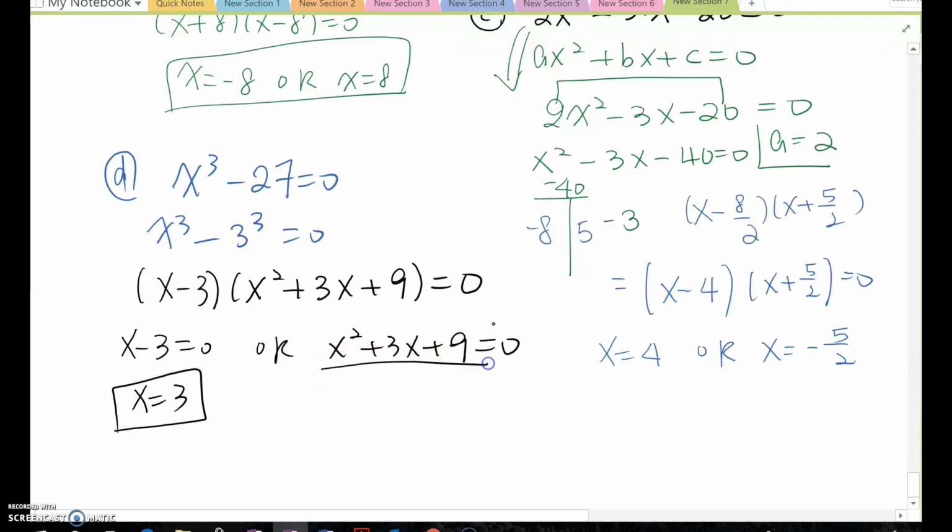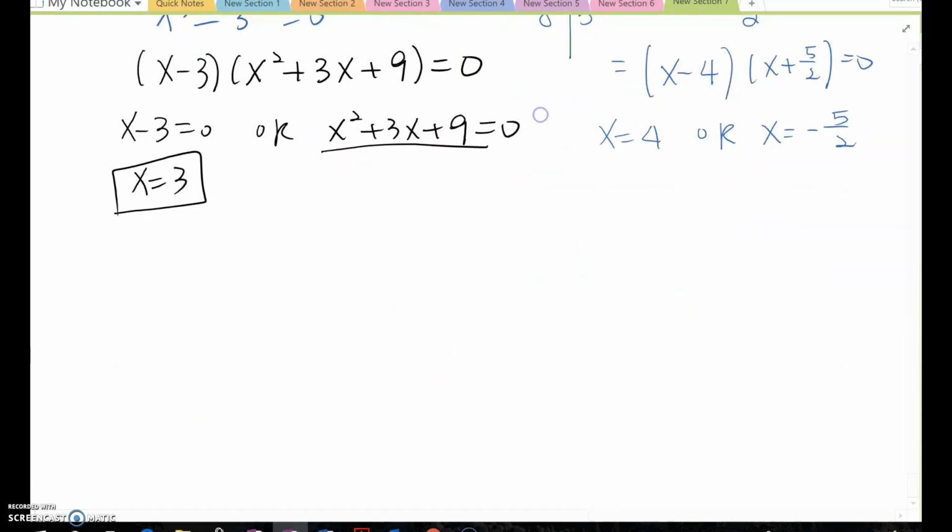And now this one, because it is in quadratic form, we can try to find two factors. Their product becomes 9, but their sum becomes 3. Unfortunately, 9 we can only break down into 9 and 1, 1 and 9, or 3 and 3, but none of them have a sum of 3, so it is not factorable.